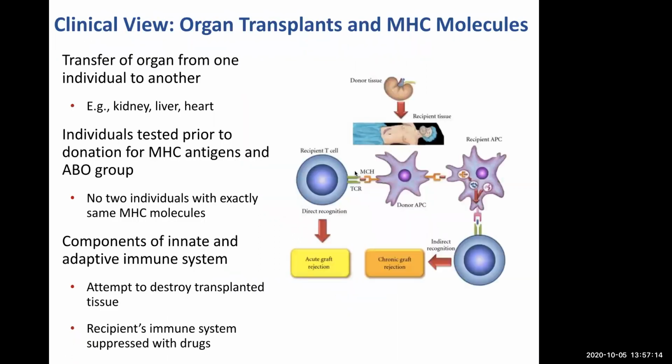Okay, and then when it comes to organ transplant and the role that MHC molecules play in organ transplant, at the beginning of this lecture I was using the example of a bone marrow transplant and an HLA, right? And I told you that HLA is just another name for MHC. So HLA/MHC, these molecules are self-antigen molecules, right?